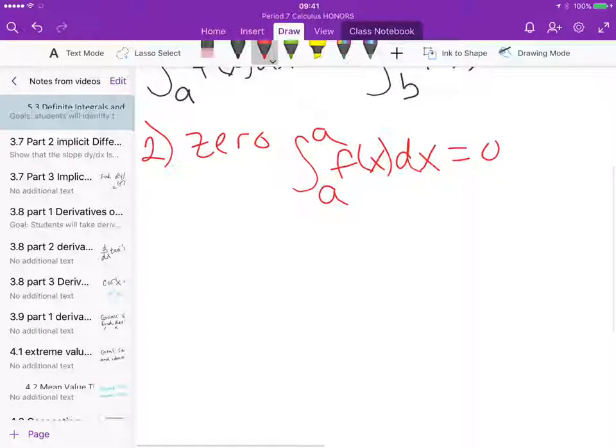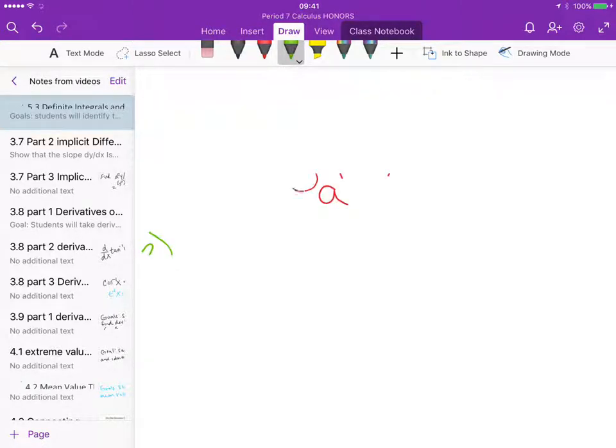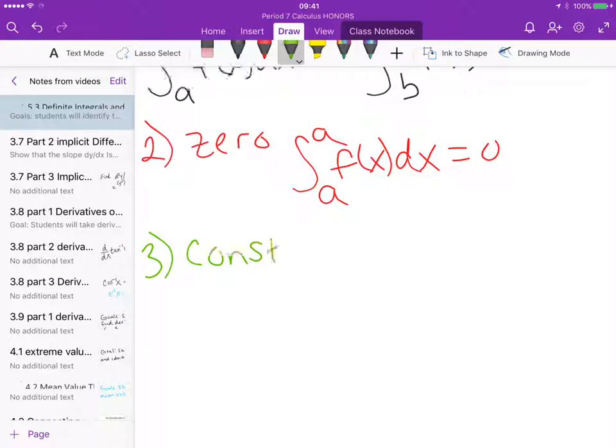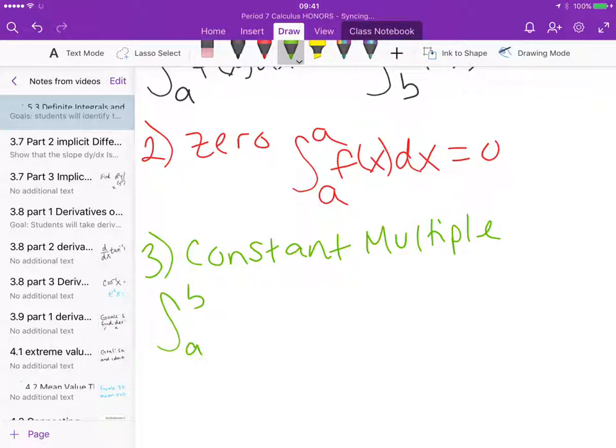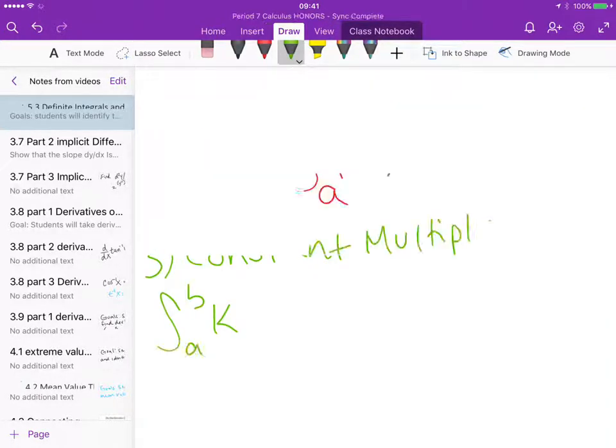The third one on our list is called the constant multiple rule. Let's say we have a constant multiple attached to a function. It looks something like this: the integral from a to b of k times f of x dx, where we'll call k the constant multiple.